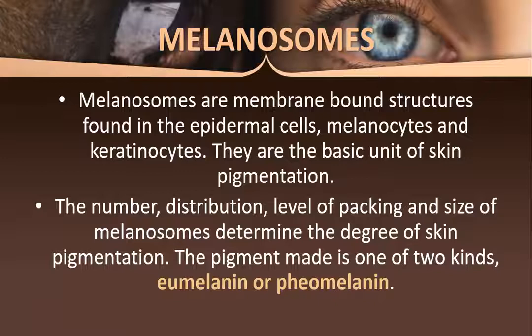Distribution means how much melanosomes are present inside the cells; it is the spread of melanosomes. If melanosomes are present in most of the keratinocytes, then dark brown pigment will appear widespread throughout the body. So the degree of skin pigmentation is determined by these three factors: number, distribution, and size of melanosomes.